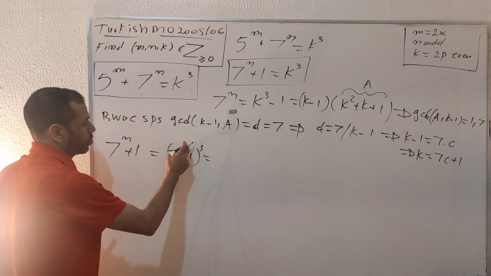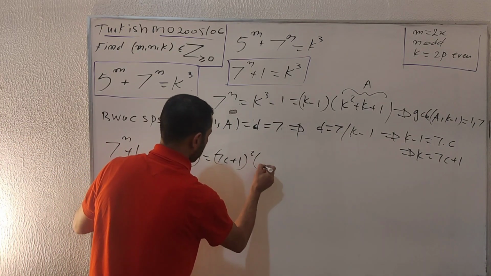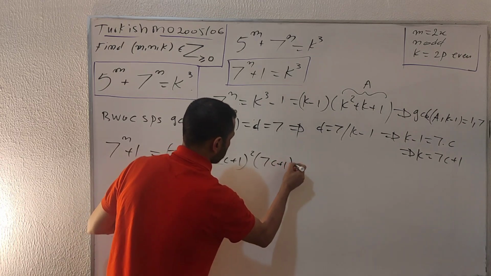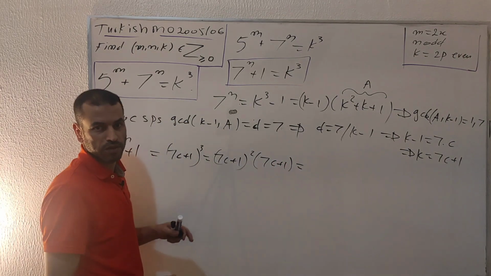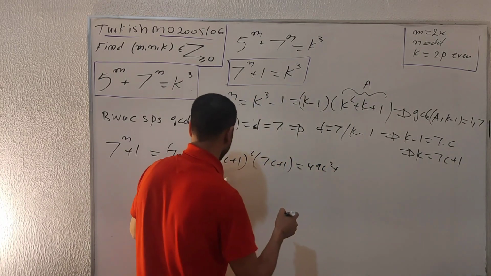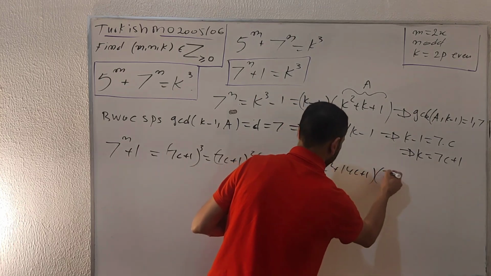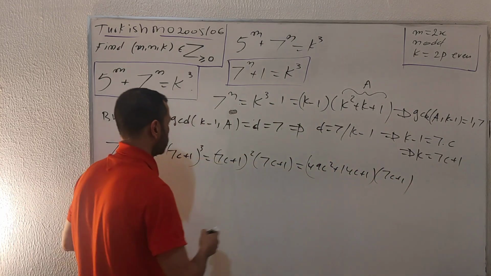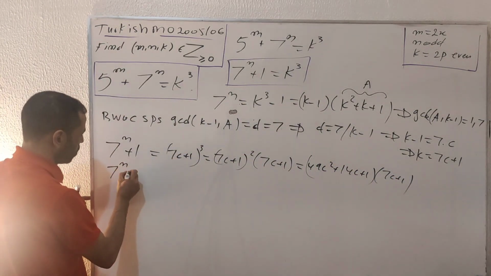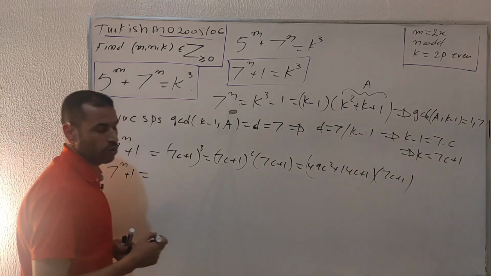Distributing this, we get 7c plus 1 squared multiplied by 7c plus 1. This gives us 49c squared plus 2 times 7c, which is 14c, plus 1, times 7c plus 1. I'm going to distribute this one. I will get 7 to the n plus 1 equals 49 multiplied by 7, which is 343.